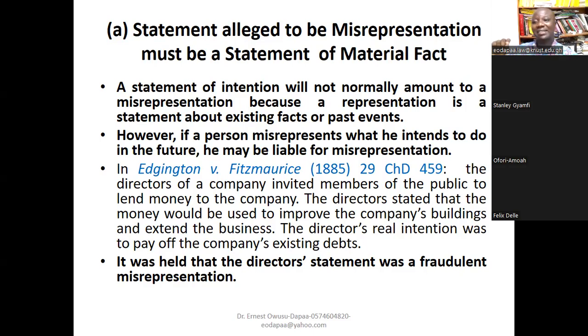Now let's look at it. The statement in the prospectus, or the statement seeking to entice members of the public that wanted to invest in the company, said, among other things, that whatever money we generate, we are going to use it to expand our businesses and all that.